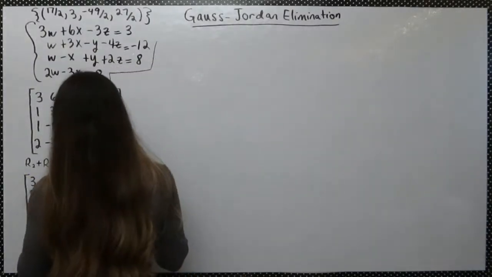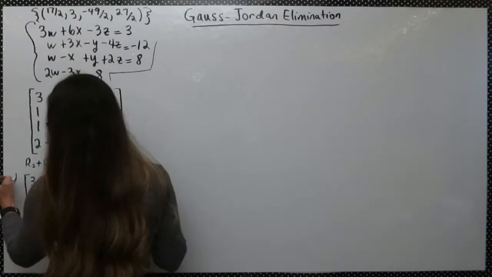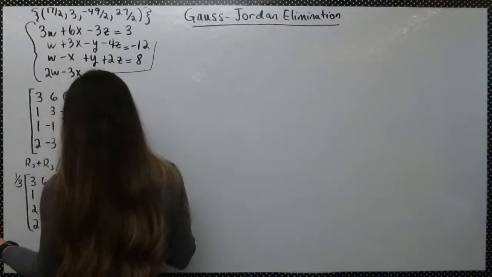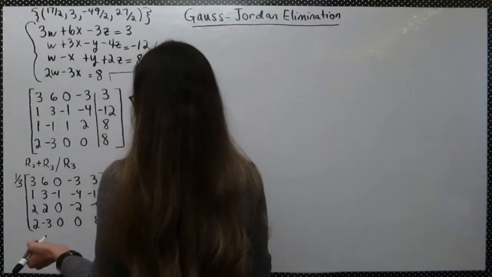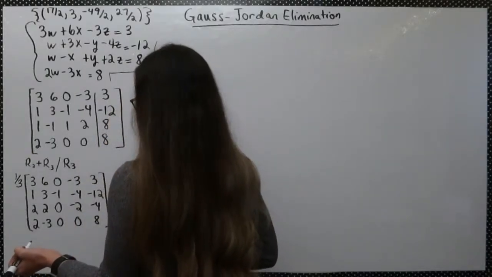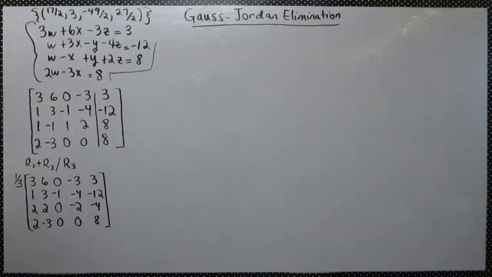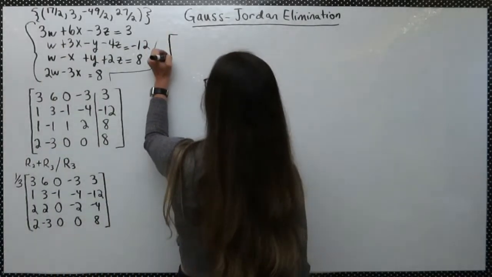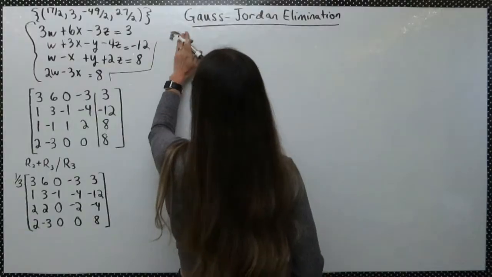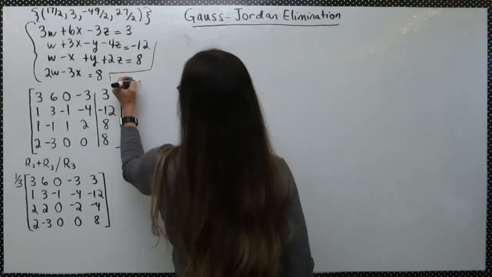And the way that you do that with a matrix is it becomes a fraction. So you're going to multiply an entire row 1 by 1/3, and we can write that here. Actually, let's go ahead and try here.